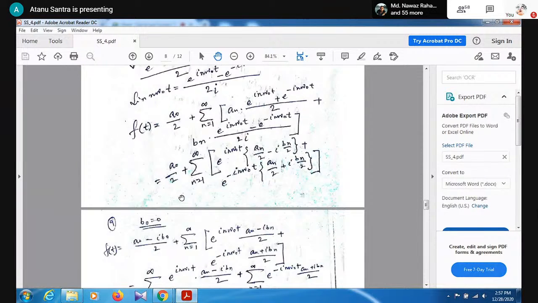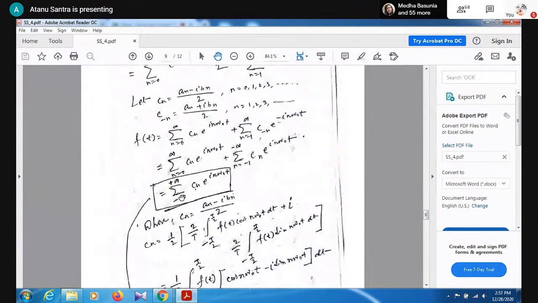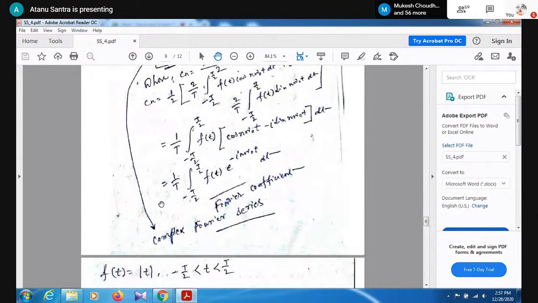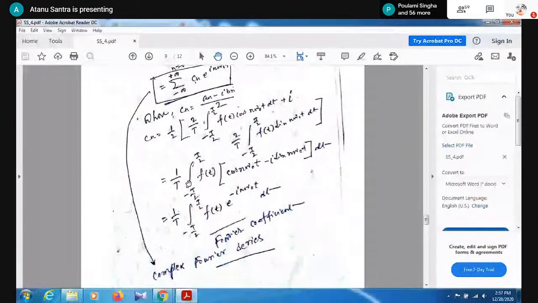Then we calculated, and finally we have seen that the function of t is equal to minus infinity to plus infinity of this expression, where Cn is written as 1 by T, from minus T by 2 to plus T by 2, f(t) e to the power minus i n omega 0 t. So this is the Fourier expansion with complex valued functions.